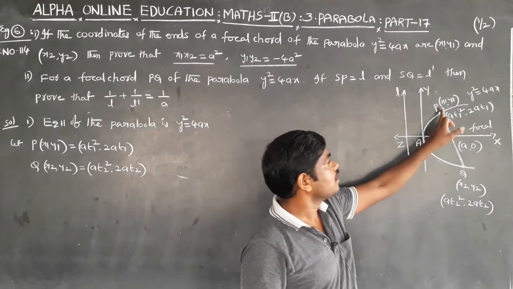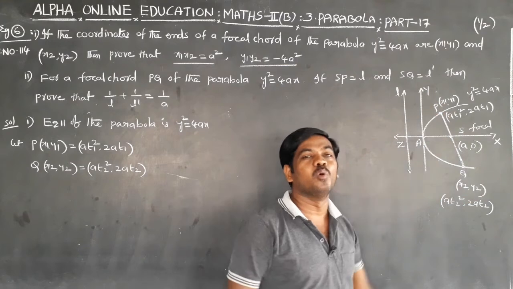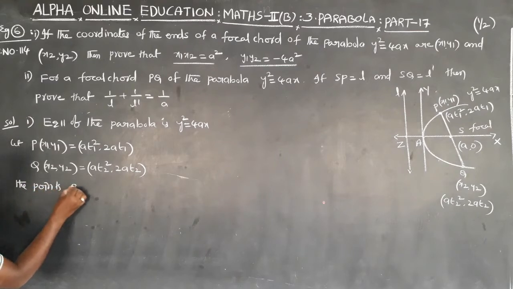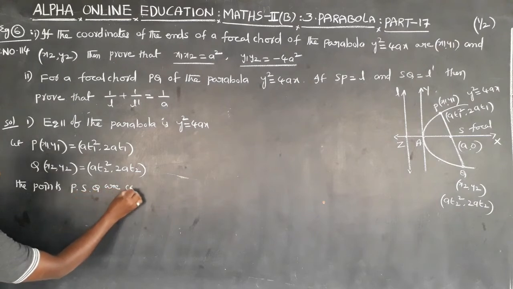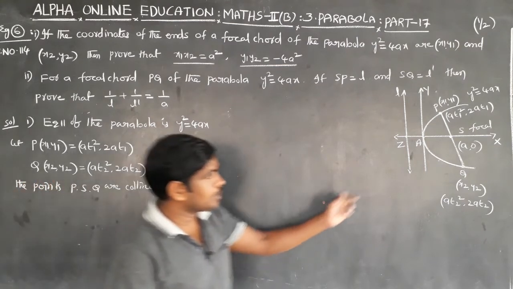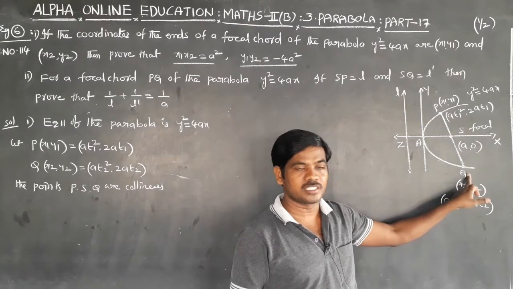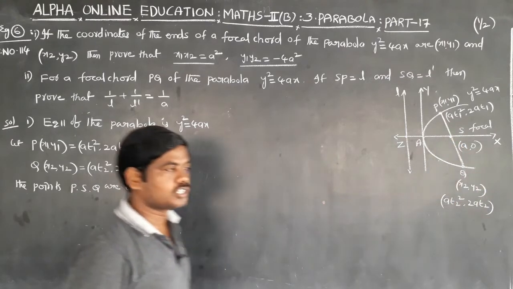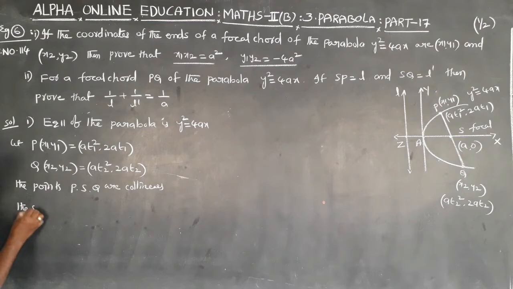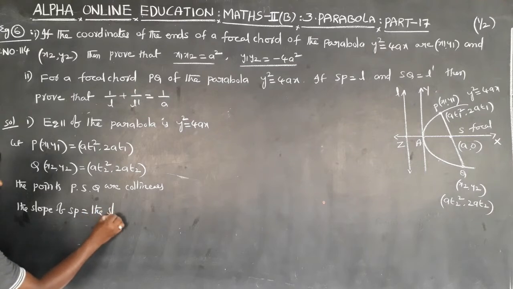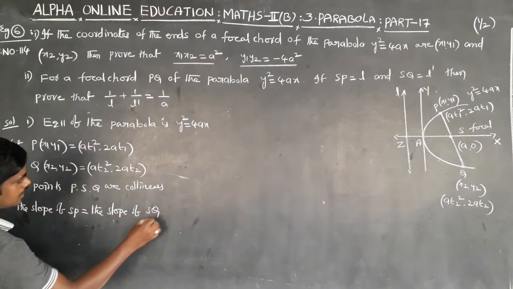Here the points P, S, Q are collinear. If three points are collinear, then the slope of SP is equal to the slope of SQ.